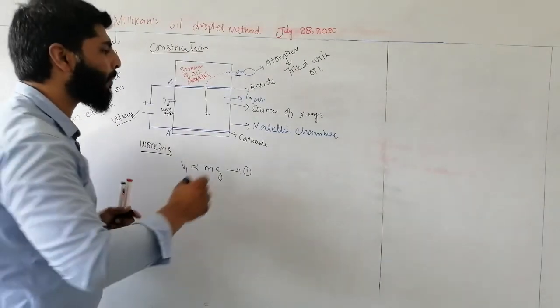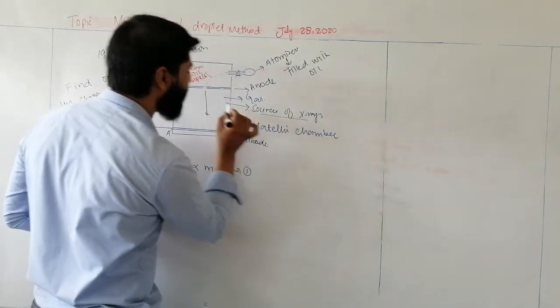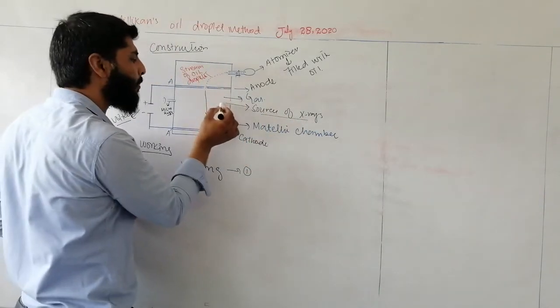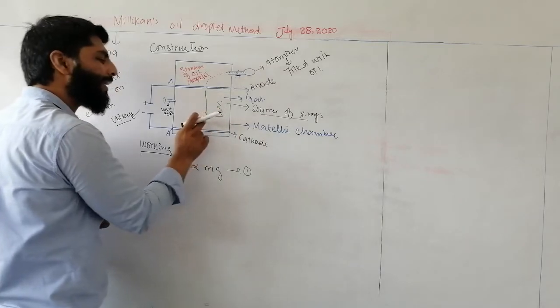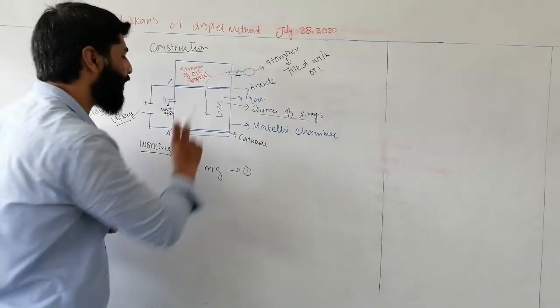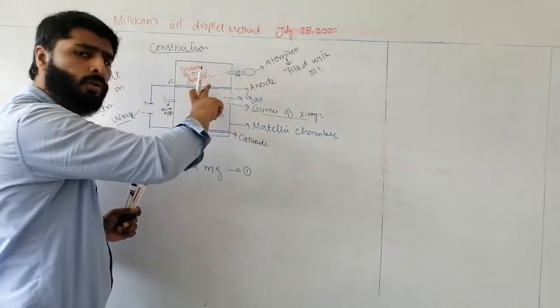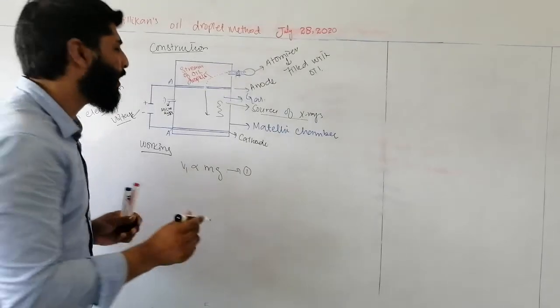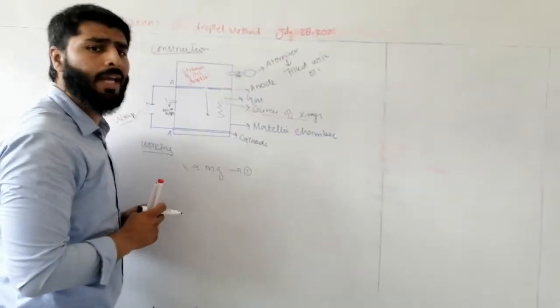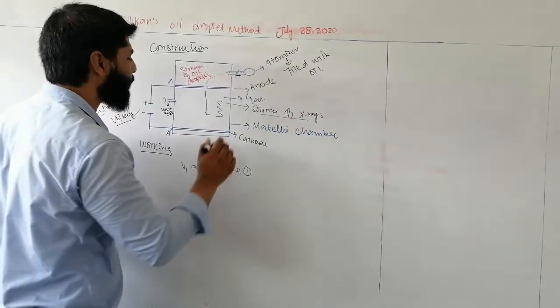Students, then he applied a source of X-rays. When X-rays were bombarded on the gas or vacuum between the electrodes, the gas became ionized.